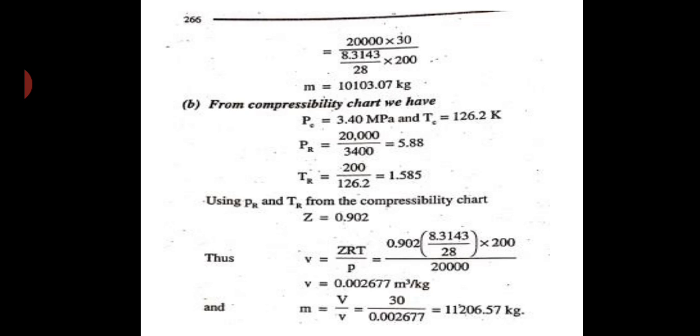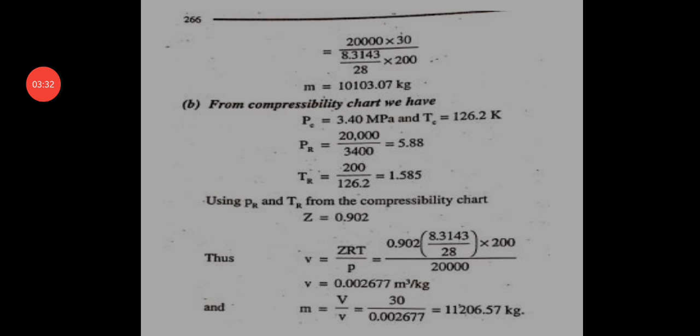So 20 megapascal, that is 20,000 kilopascal, divided by 3.4 megapascal, that is 3,400 kilopascal, gives reduced pressure as 5.88. Reduced temperature is actual temperature, 200 Kelvin, divided by the critical temperature, 126 Kelvin. So you get TR equal to 1.598.